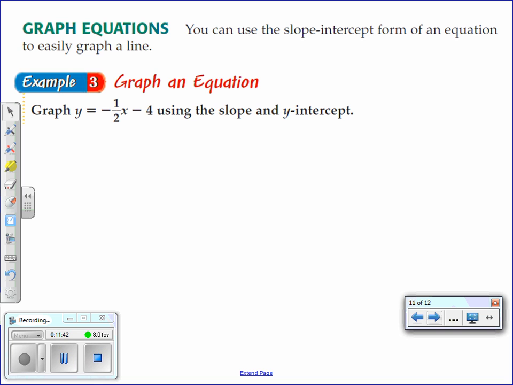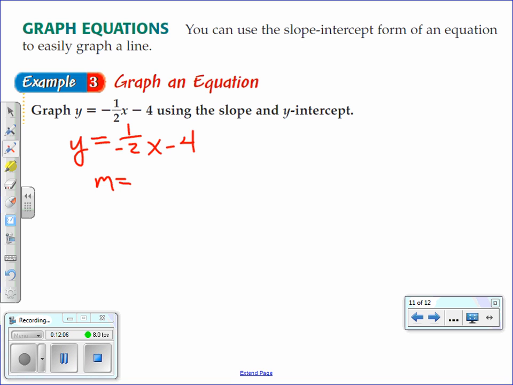All right, you can use slope-intercept form to really easily graph a line. It is so much easier than what we've been doing before. So here we have our equation, y equals negative 1/2 x minus 4. I make a little grocery list right here. I say, okay, what is m?